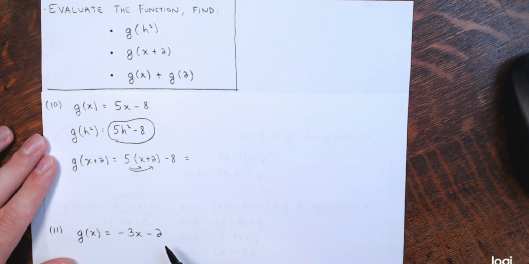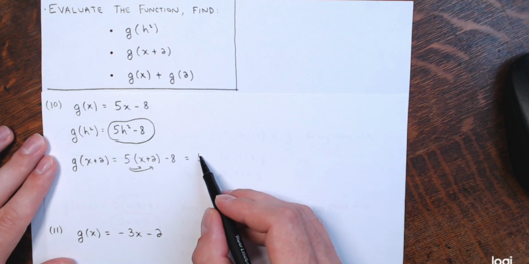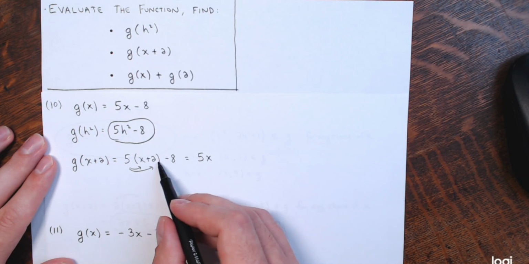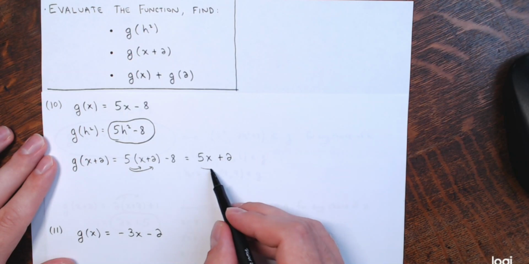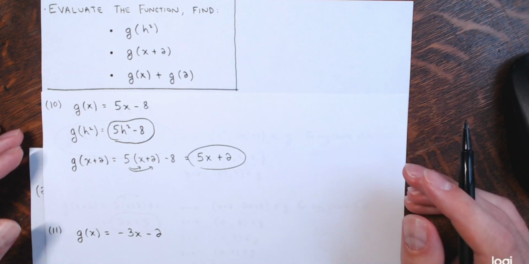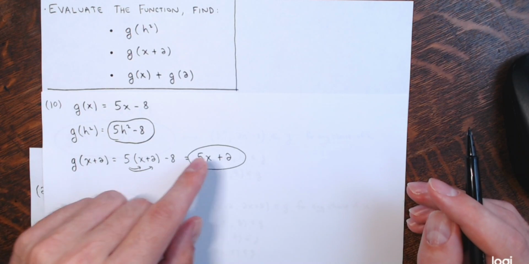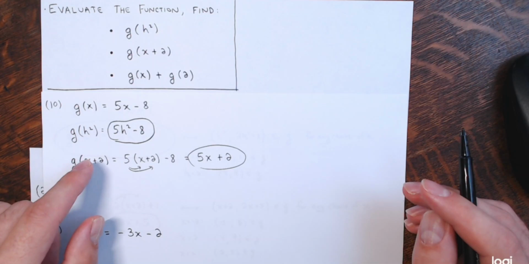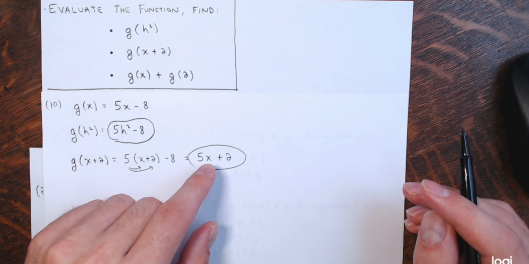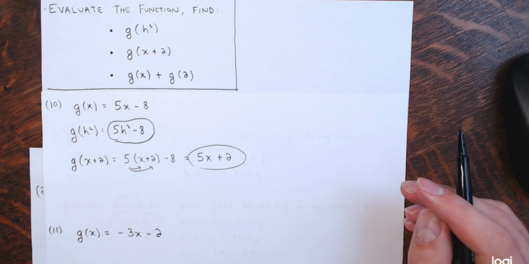We'll simplify this. It'll be 5x, and then plus 10 minus 8. So it'll be plus 2. All right. And again, we can say an ordered pair thing that, any ordered pair of the form x plus 2, comma, 5x plus 2 will be in this function called g.